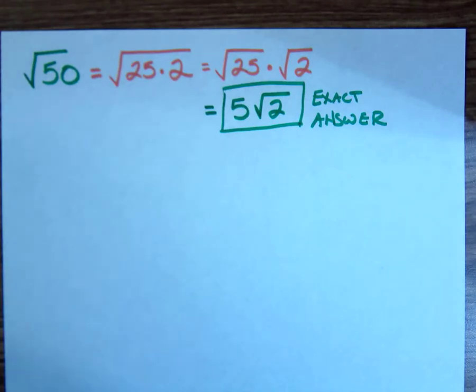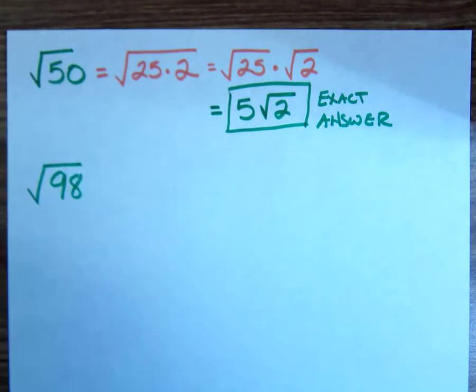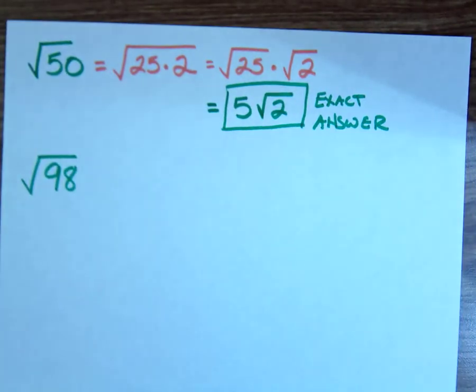Okay, let's try another one. Square root of 98. So I want to divide 98 into the product of two different factors, but I want one of the factors to be a perfect square. What is the largest perfect square that 98 can be divided by? 49.